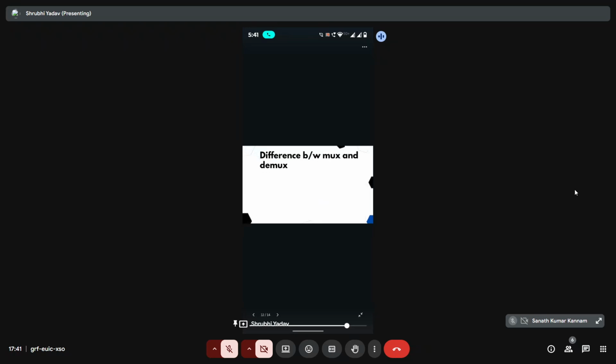So the difference between the mux and demux we'll see here. A multiplexer, in our words we can say, is multiple input and single output. That is, it's a data selector. And in our words demux is a single input and multiple output. So it's a data distributor.